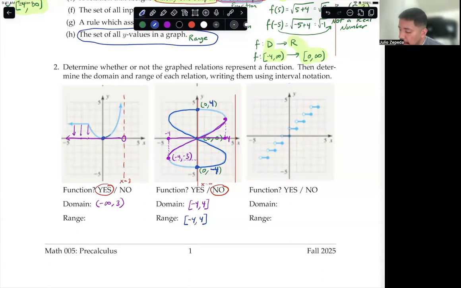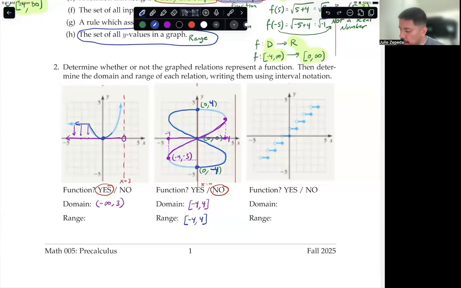And then we can see that the graph, if we went this way here, seems to increase up to a value of 2, and then it levels off in terms of the y values. But it also keeps increasing on the right-hand side. So we need to see what are all of the y values that show up in the graph. Well, the y values just increase to positive infinity.